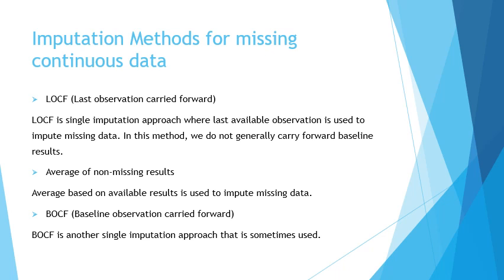Second, average of non-missing results, where we impute missing data with the average of non-missing results. Third, BOCF, baseline observation carry forward, where we impute missing results by baseline.